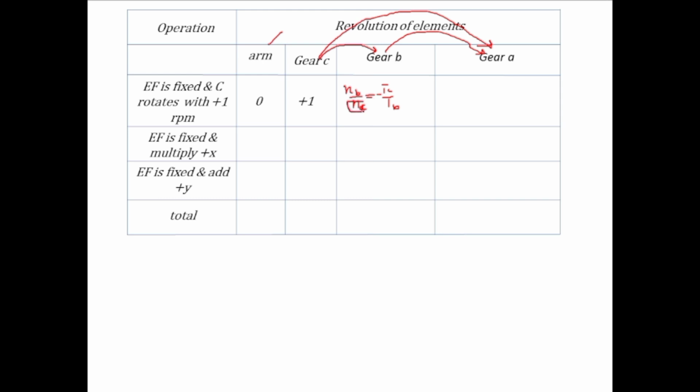And as NC is 1, so put 1 over here, you will get NB is equal to minus TC by TB. Similarly, if you take NA by NC, it is going to give you the ratio of their teeth too, since NC is 1, so you will have to put 1 over here, and you will have to put minus sign as well, because their motion is opposite to each other. So NA will be equal to minus TC by TA.